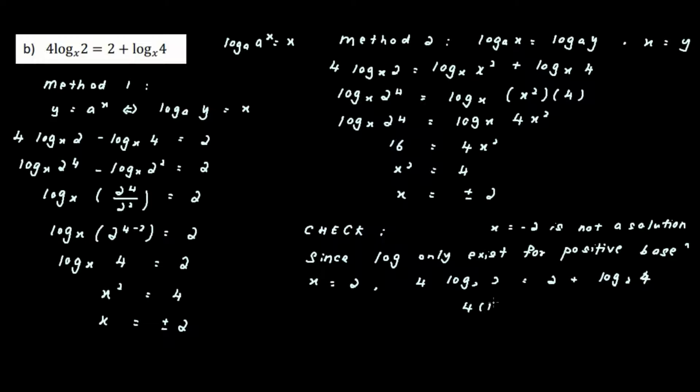So 4 equals 2 plus 2. Is that correct? Yeah, so this is true. So after that, we can say that the solution is x equals 2. All right, so that's the part for B. Now let's look at C.